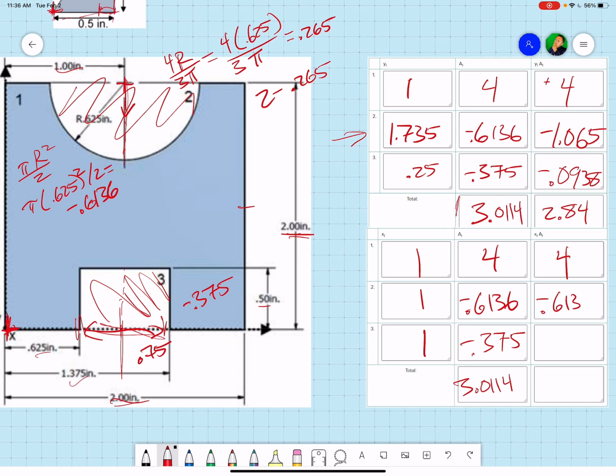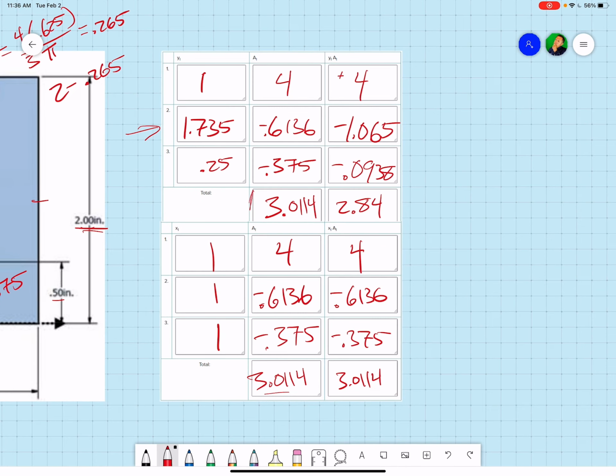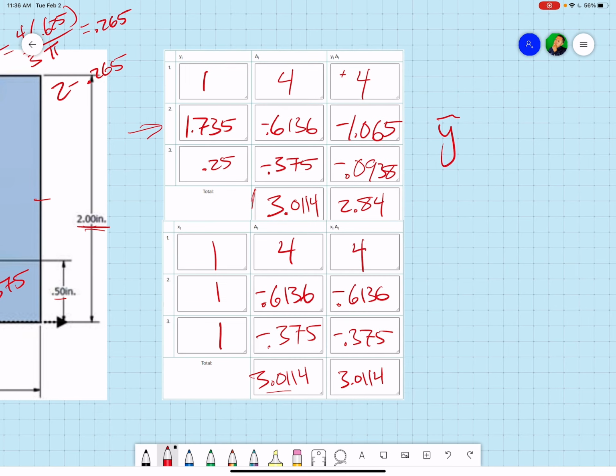All right. Multiplication over here, 4, that's easy. Negative 0.6136, that's also easy. And negative 0.375, that's also easy. And we get the addition, it would be the same value, so 3.0114. Okay, finally, to get our centroid locations, the Y location will be the sum of YA divided by the sum of A, and we already have those.